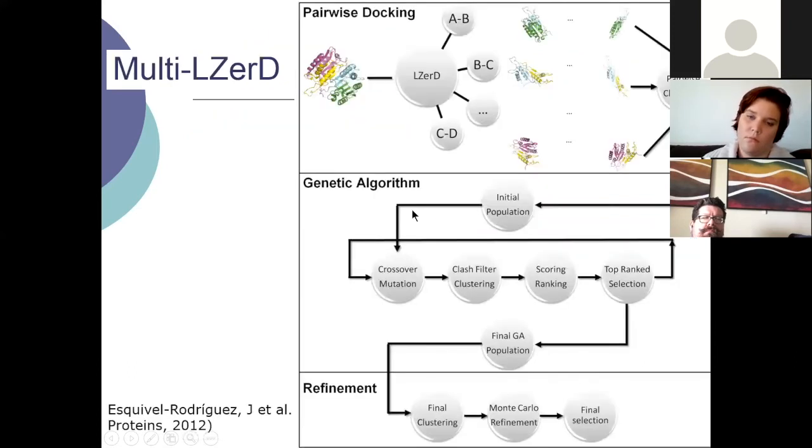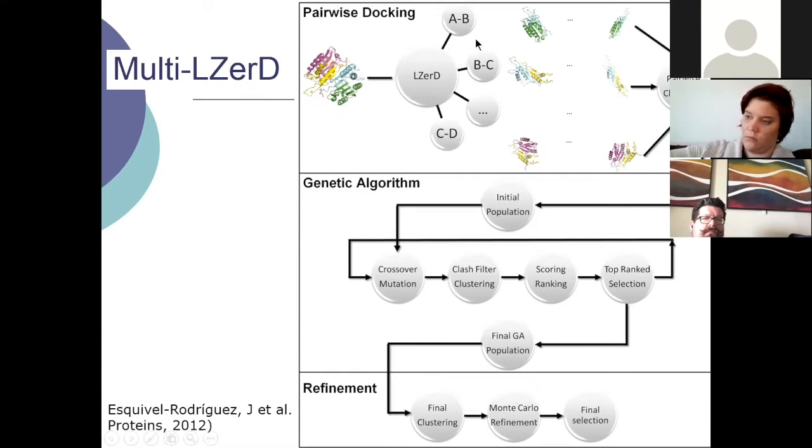So, I'll just show you a couple of extensions of pairwise Lzerd. This is multiple Lzerd. If you have 3 chains or 4 chains, up to about 6 chains, that you want to dock and assemble, then multi-Lzerd can do that.